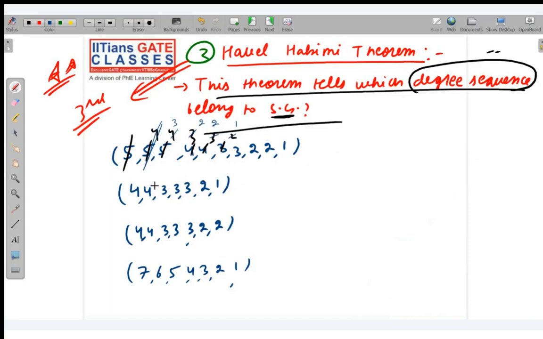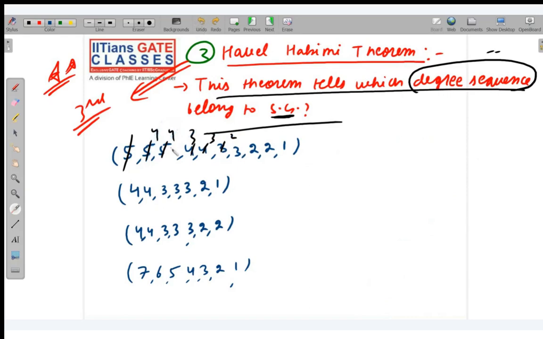So now see, this is now no longer a degree sequence, because what we are getting is 3, 2, 2, 1. Are you getting it? See what I have done till now. 5 I will cut, and 1 I will subtract from the next 5 vertices. After doing that, I will get 4, 4, 3, 3, 2. And I think it was not a degree sequence, that's why I was getting some problem. Let me write it properly.